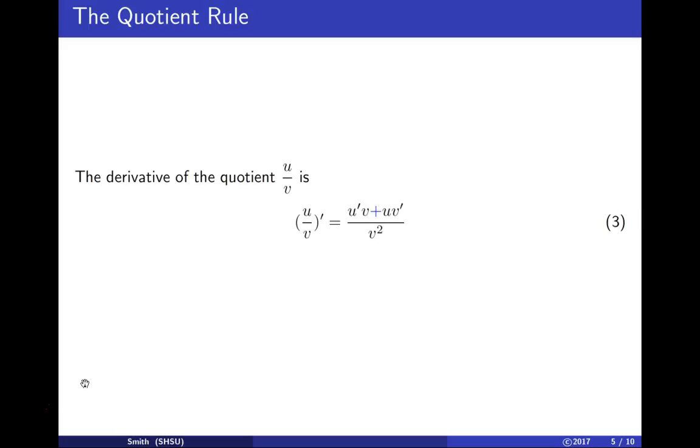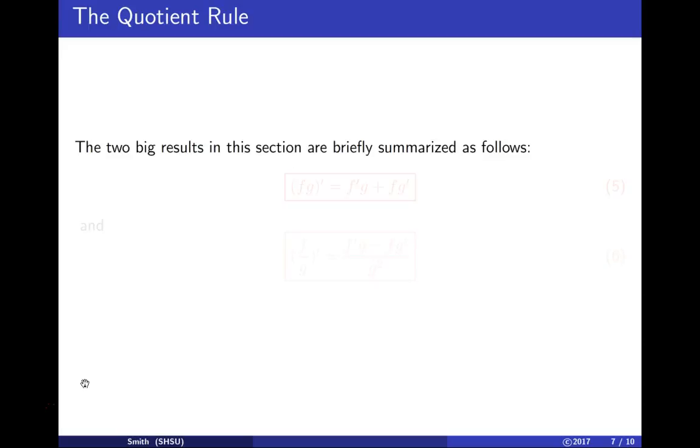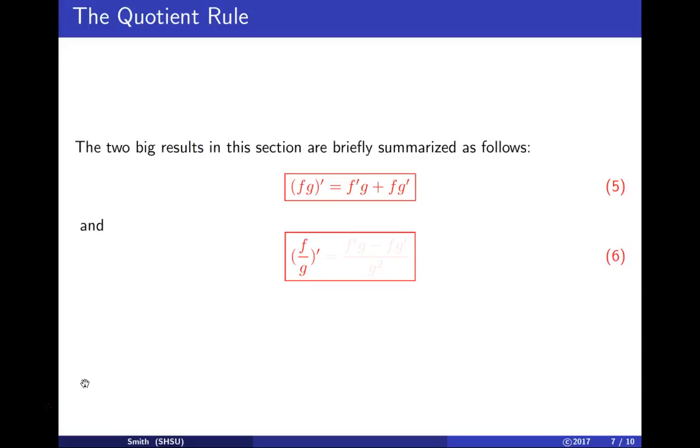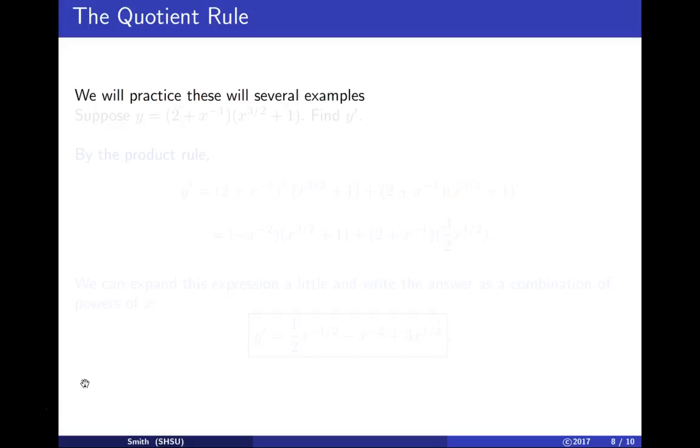Then remember the product rule, but remember to change the sign. The two big results in this lecture material: earlier we saw the product rule. The derivative of fg is f prime g plus f g prime. And here the derivative of f divided by g is a fraction or quotient, f prime g minus f g prime, all over g squared. Let's practice these.